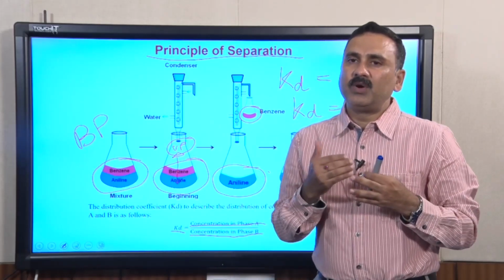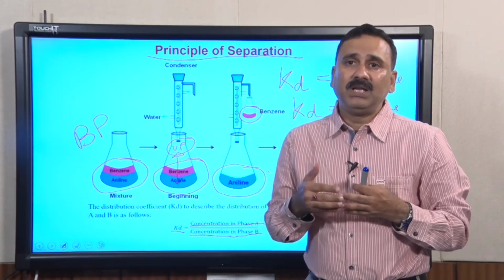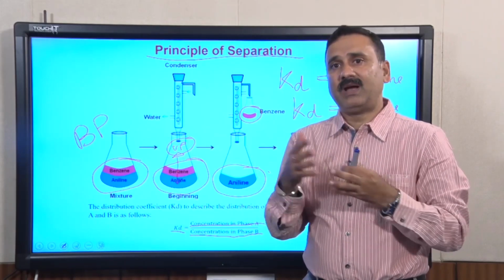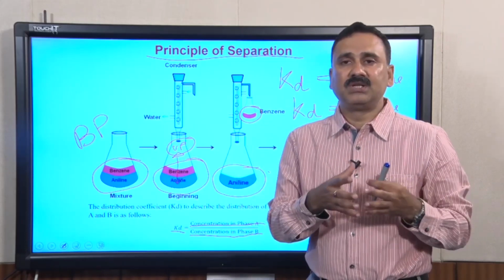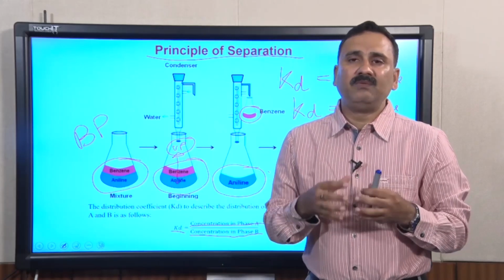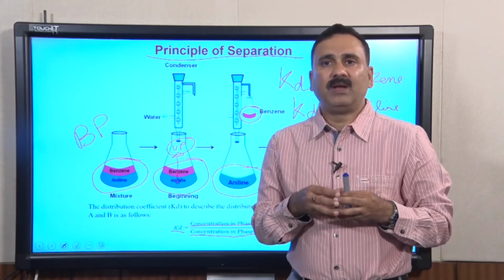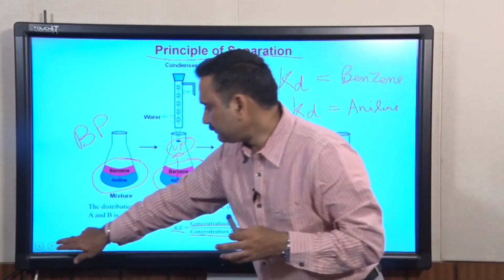The protein, or molecules biological in nature, require activity and three-dimensional structure and all those parameters. Those molecules have to be purified by more sophisticated techniques, and that technique is known as chromatography.